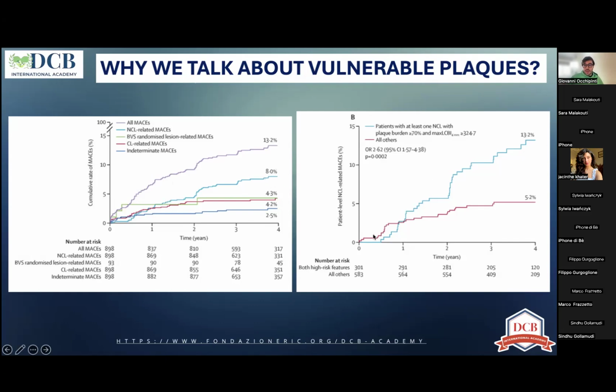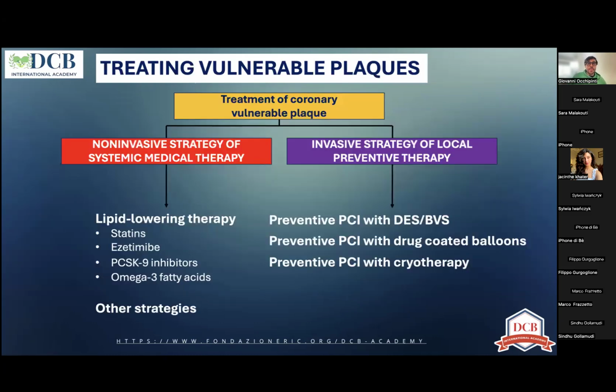And importantly, this was a study coming from one of the first studies conducted on vulnerable atherosclerotic plaque, the PROSPECT-ABSORB. The patients with at least one non-calcified lesion with a plaque burden of more than 70% and a maximum lipid core burden index in 4 millimeters of more than 324 had a more than double number of MACEs.